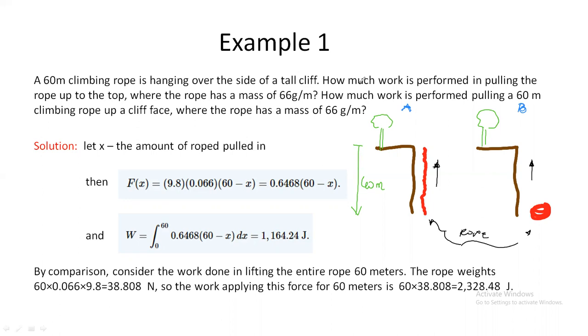While in B, why do you say that the weight of the rope is constant in the entire process of pulling the rope up the top of the cliff? Eugenie, very good. That's the correct answer. Why do you think here in B it's a constant, here in A the rope gets lighter?